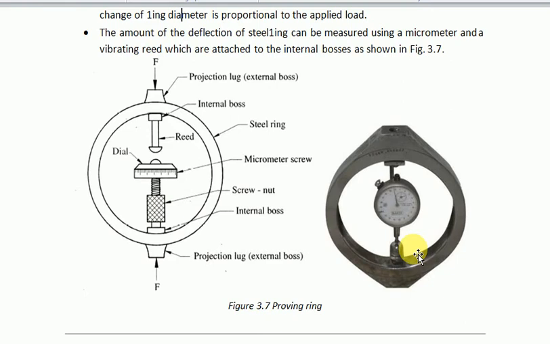The diagram which you are seeing on the screen is a proving ring. If you see the construction of this proving ring, it has an external boss. Here you can see this is the internal boss, this is the reed, this is a steel ring.